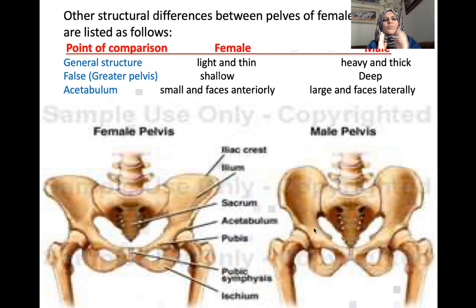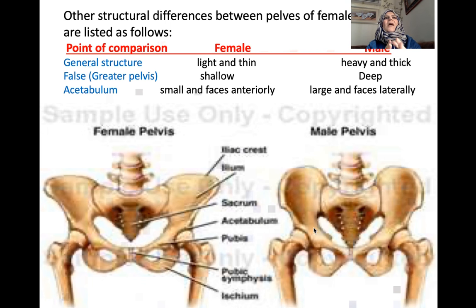If we come to the points of comparison, we have learned a rule that any bone belonging to the male is heavier, thicker, with heavy and strong, rough bony landmarks. This is point number 1.